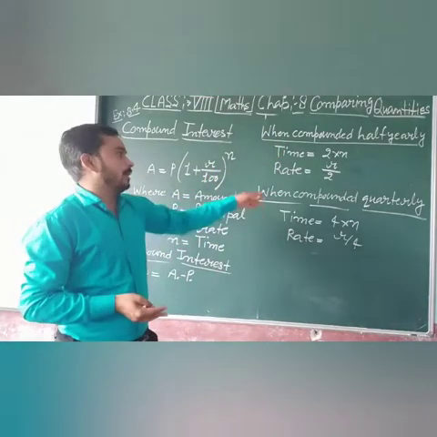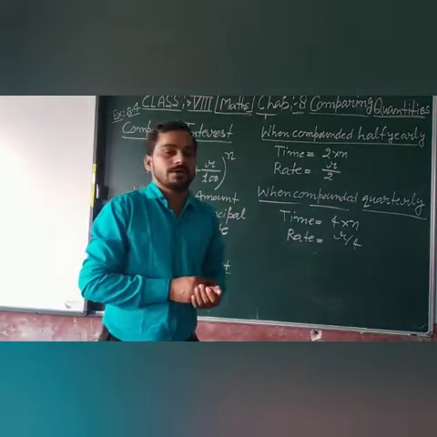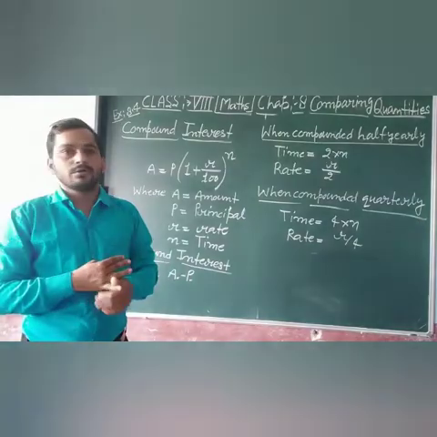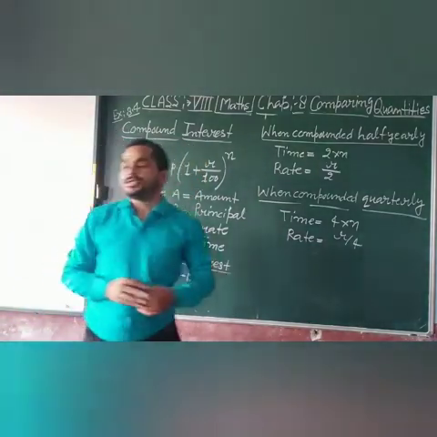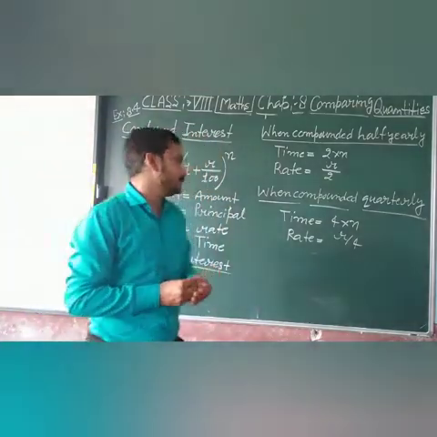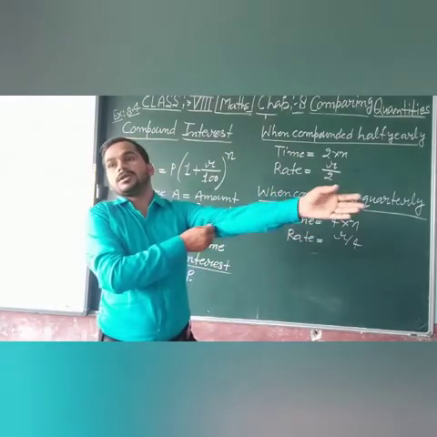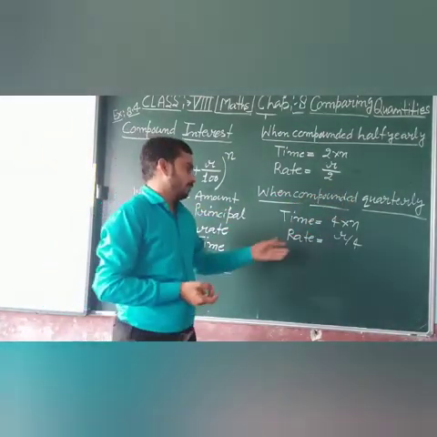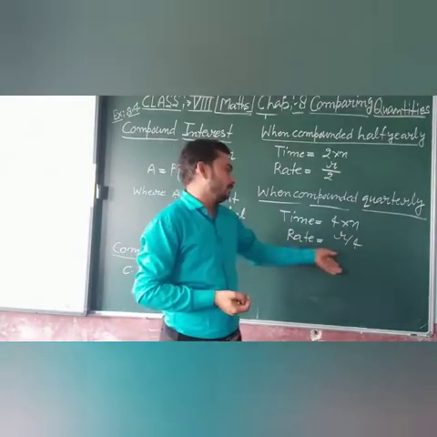Next condition, when compounded quarterly. Quarter means 1/4, and 1/4 of the year is 3 months. So 1 quarter equals 3 months. That means there are 4 quarters in a year. So time is multiplied by 4 and rate is divided by 4.